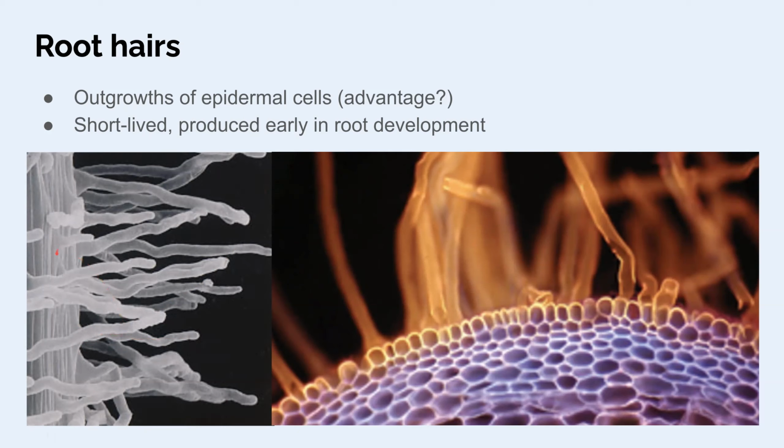Other ones of these, they're just outgrowths of particular hairs. And in this image, this one here kind of shows you this cell is part of the epidermis, but it extends out and becomes that root hair. This one, I don't know if that's the same cell or one behind it, but it's growing out. So important origin for the root hairs, they're just extensions of existing epidermal cells.